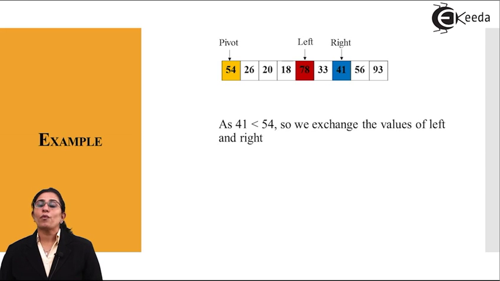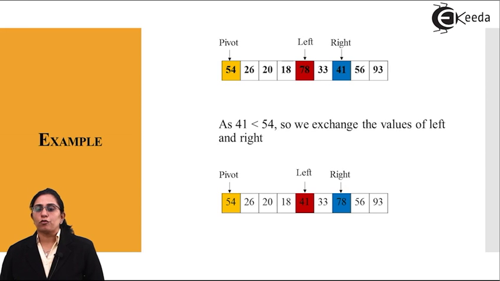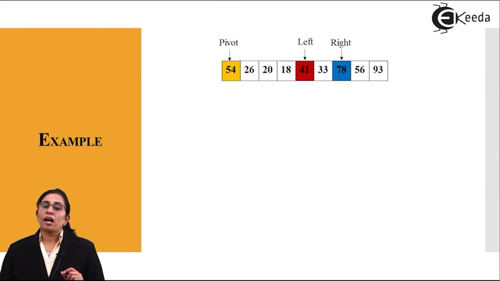Here we have to be careful that we do not exchange the value with the pivot element, but with the right and left index variables. So 41 comes to the location of 78 and 78 goes to the location of 41. This is how it happens when I swap the two values, and the pivot remains as the first element of the list. Now I again move left plus plus.